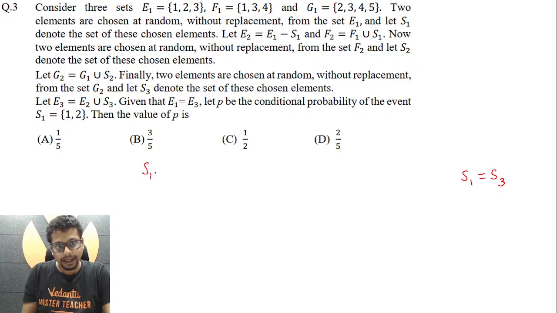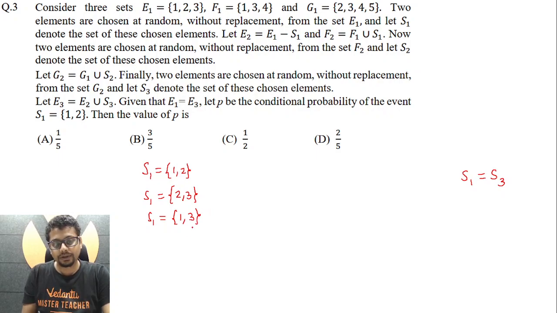So S1 can be {1, 2}, or S1 can be {2, 3}, or S1 can be {1, 3}. So there is 1 by 3, 1 by 3, 1 by 3 possibility for all the 3 possibilities. Now, if S1 is {1, 2}, what about F2?